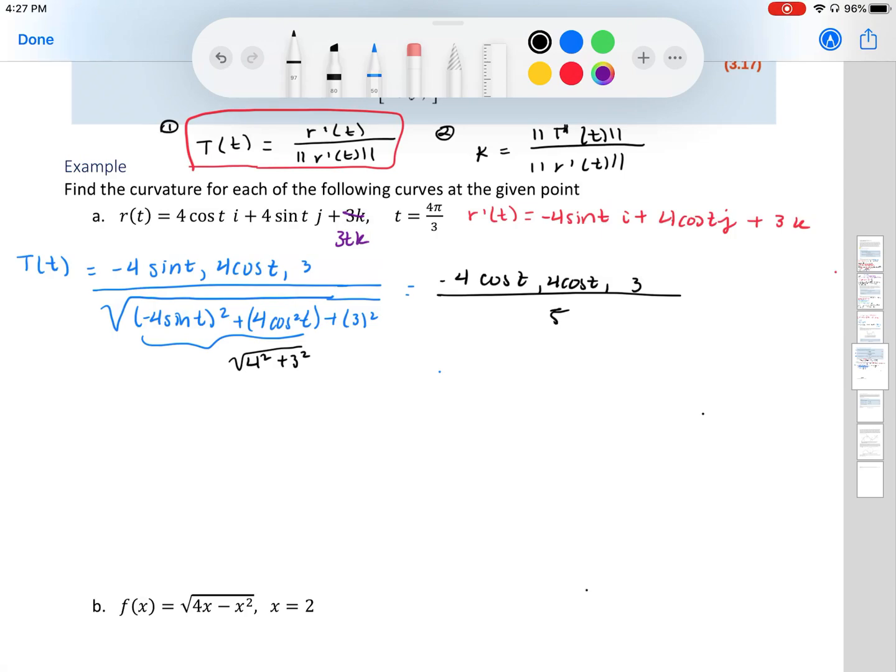All right, so what do we get? We have negative 4 over 5 sine of t, 4 over 5 cosine of t, and 3 over 5. Alrighty, so that is our T of t.